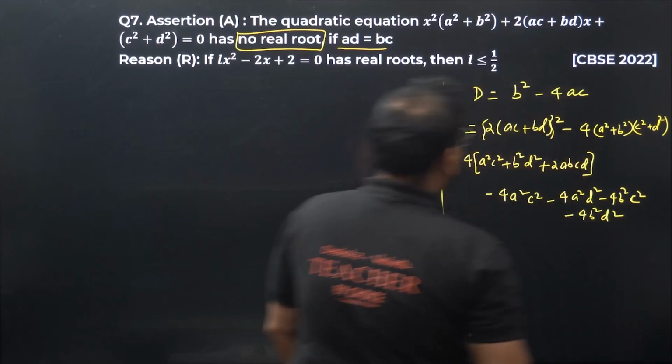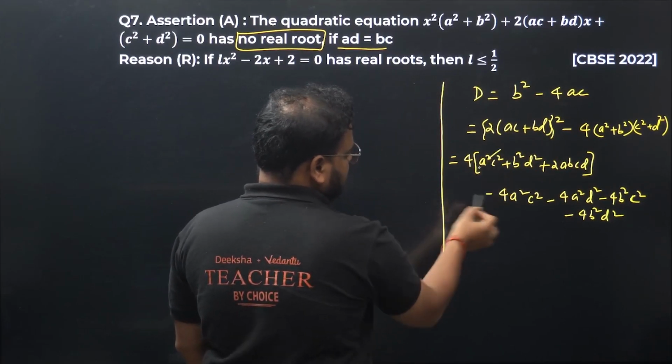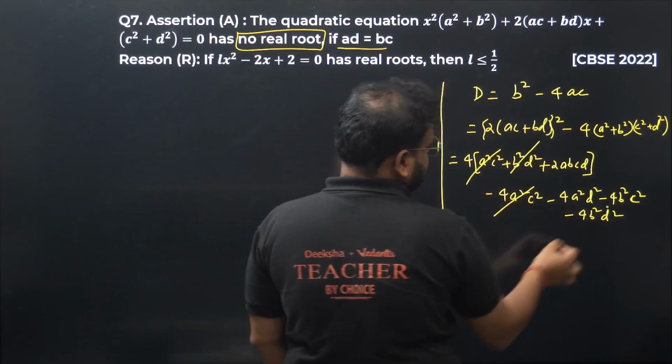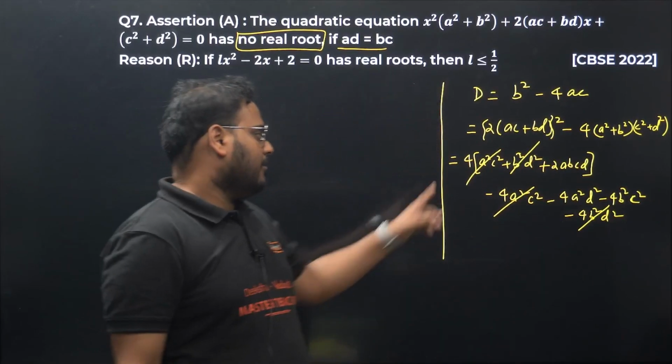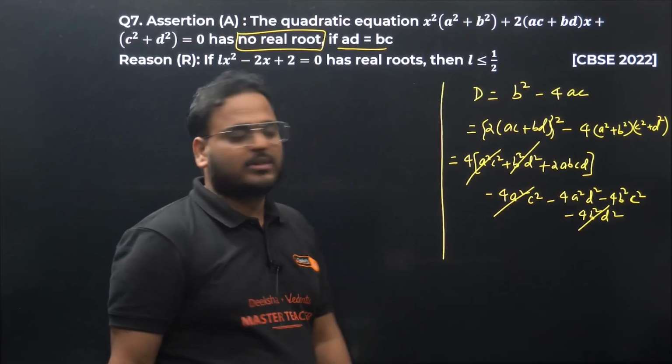Okay. So if you check this carefully, I'm getting here this term cancelled. And then this term also is cancelled. Correct, right? 4 into B square D square will come over here, and this already is minus 4 B square D square, so they are both cancelled.